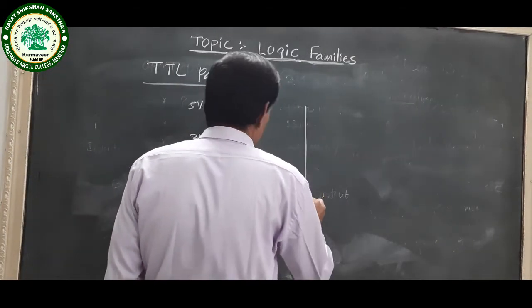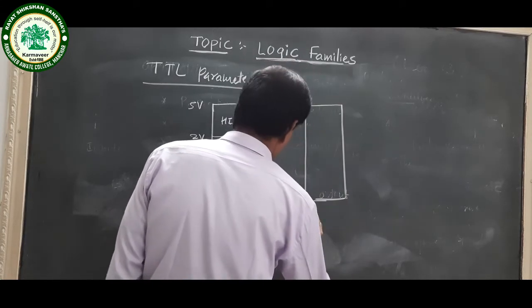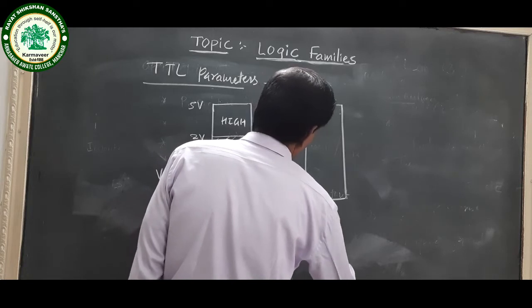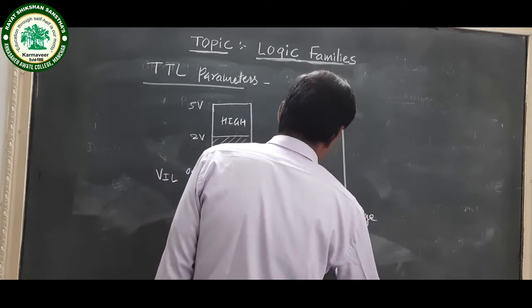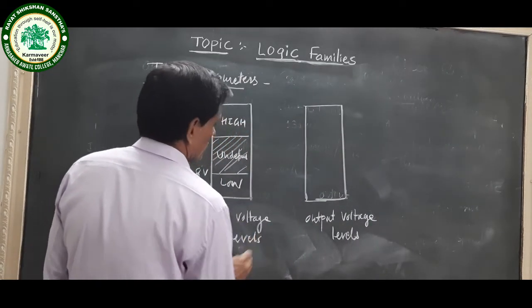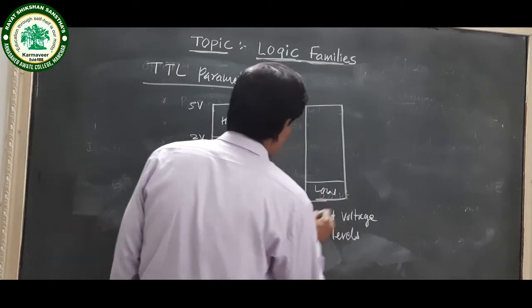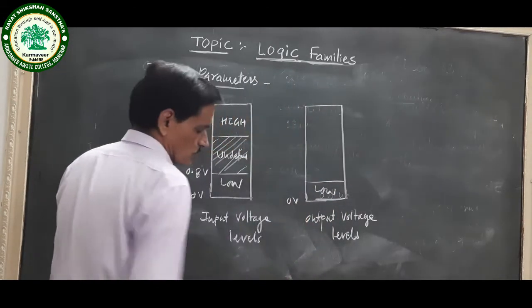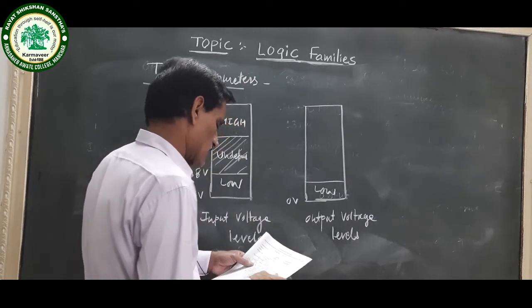Similarly, you can show the output voltage levels. Here also you are getting the low state, and the values are 0 volt to 0.4 volt.